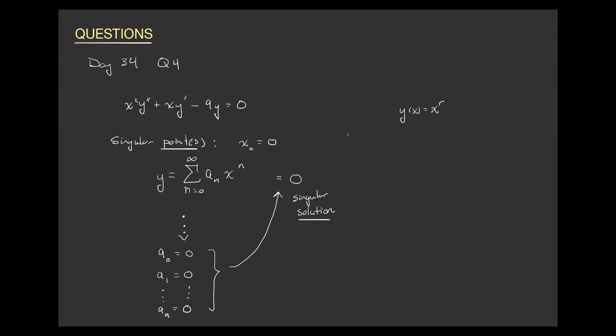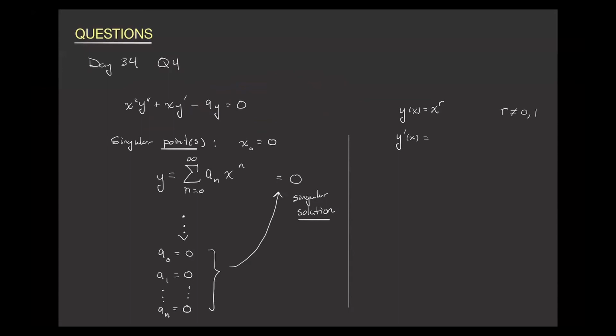If we now use this form, just like we did with the series solution, we just want to substitute it in and see if we can find the information that we need. If we take y prime of x, and maybe for a second we suppose that r is not equal to 0 and it's not equal to 1.